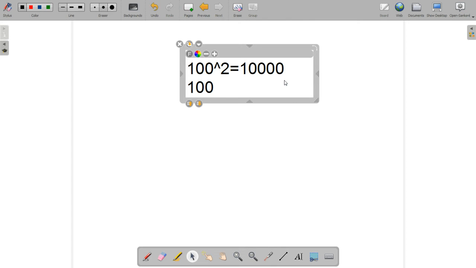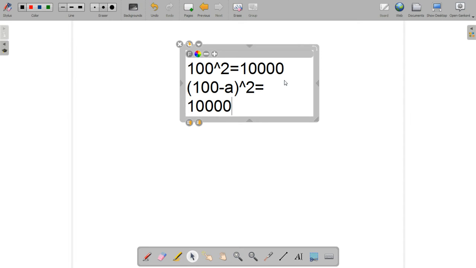Okay. So now what happens if we use algebra on this? Oh no, algebra. Well, you have your 10 squared minus 200a plus a squared.